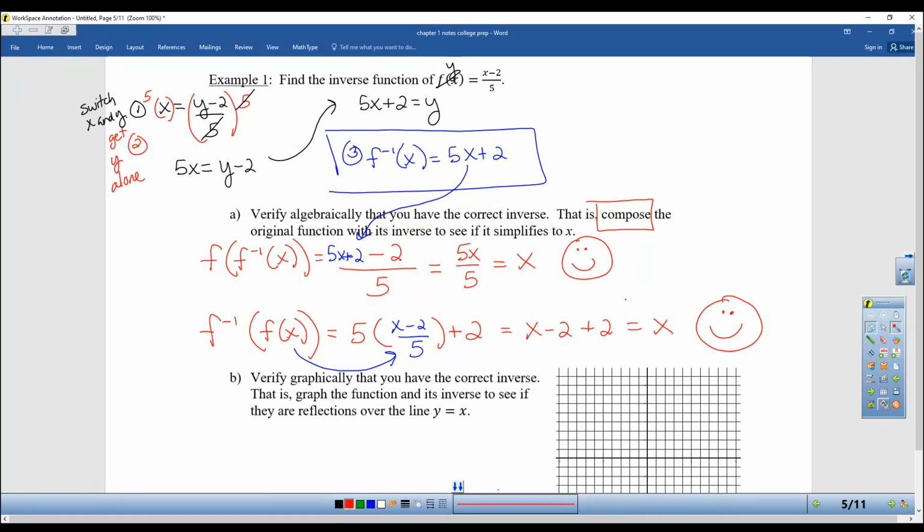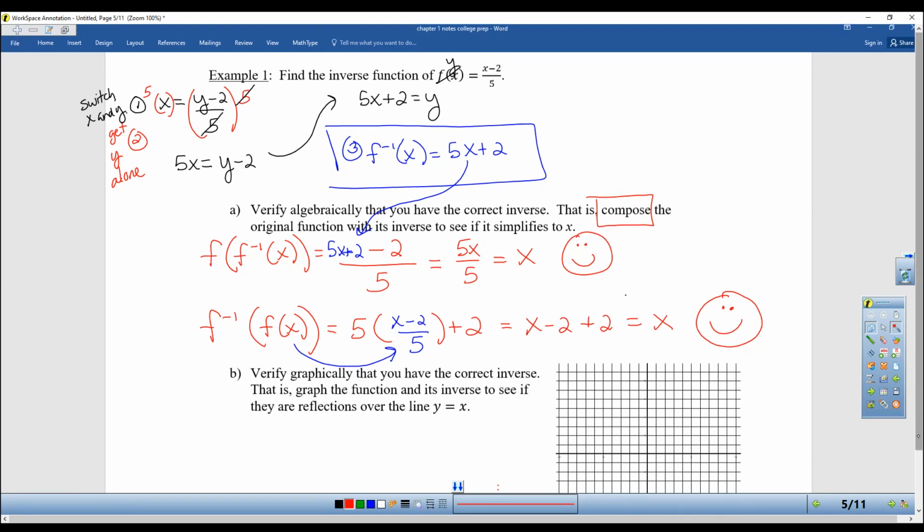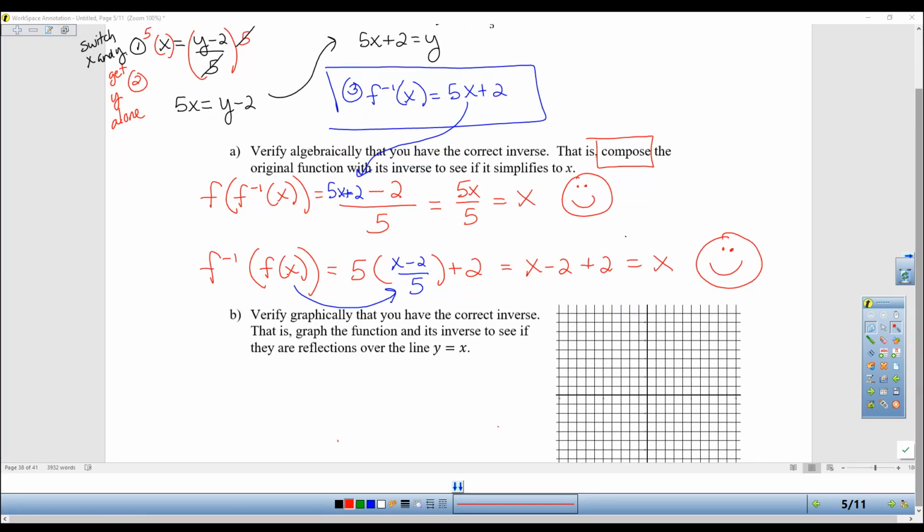Okay. Now we're going to do it graphically. So we have two functions. We have f of x, which is x minus 2 over 5, and we have f inverse, which is 5x plus 2.